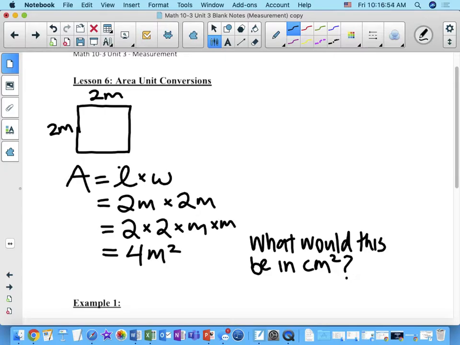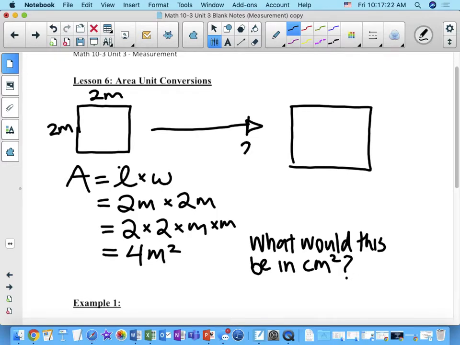Yeah? Okay. Well, let's actually draw this out again. That's supposed to look exactly the same. I know my drawing isn't very good, but please use your imagination there and pretend those are exactly the same. Instead of writing this as 2 meters, let's write that dimension in centimeters. How many centimeters would the 2 meters be? 200 centimeters.